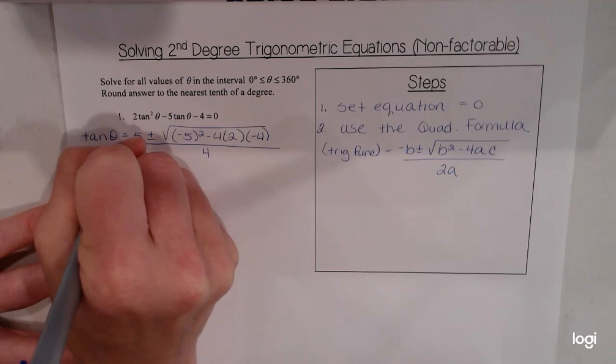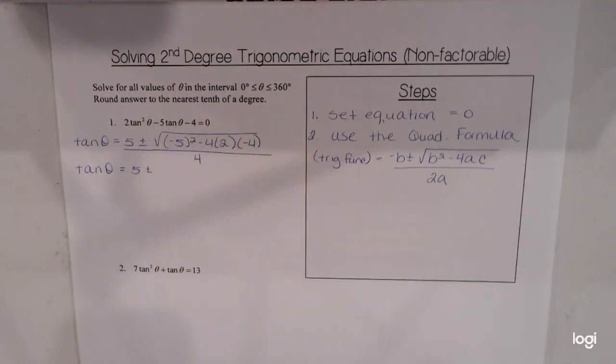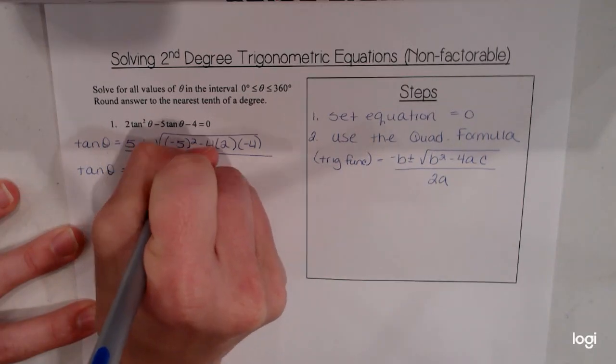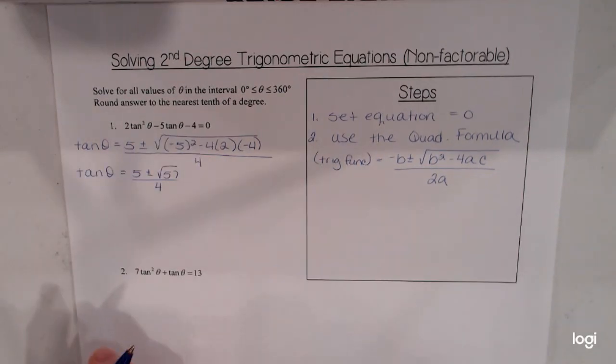Going to our calculator, we have 5 plus or minus, so I'm going to the calculator and I'm typing in just what's underneath the square root. Don't actually type in the square root when you're doing this. And we get plus or minus the square root of 57 all over 4.